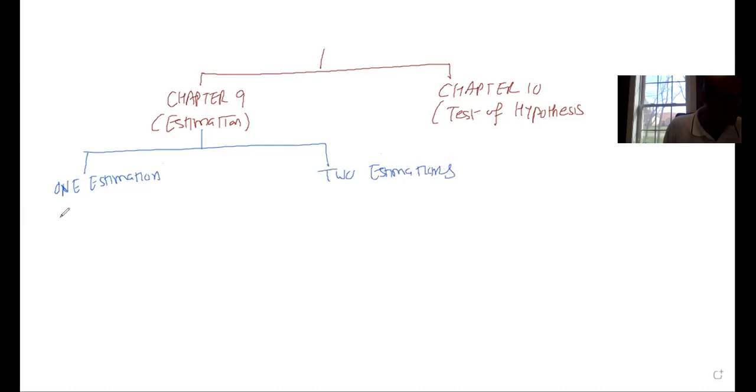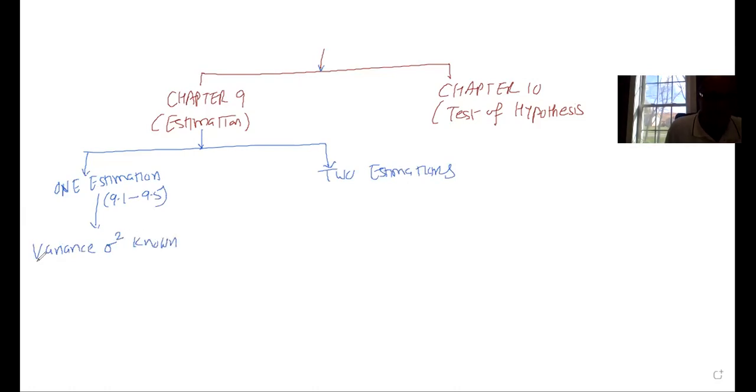In one estimation, which is articles 9.1 to 9.5 in this book, we are going to see the variance. Variance sigma square is known to us, meaning it is given to us.